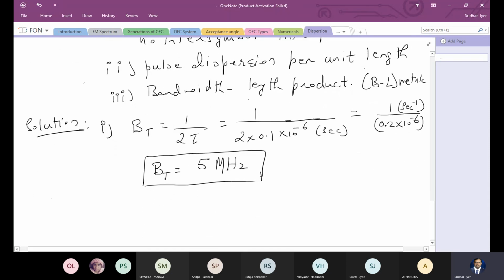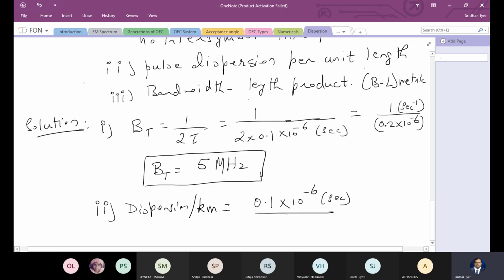Okay. In the next part, we are supposed to find the pulse dispersion per unit length, which is kilometer. So the broadening is given to us as 0.1 into 10 raised to negative 6 seconds.